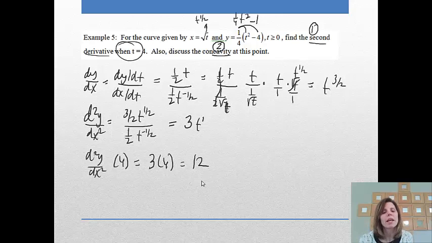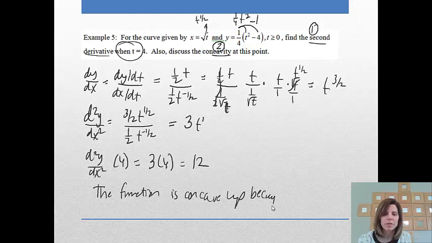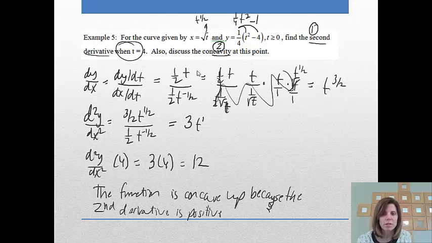Since we got a positive answer, we can say that the function is concave up, because the second derivative is positive. And just a comment up here, instead of going through all this silly stuff right here, I just as easily could have subtracted my exponents right here and gotten t to the 3/2. So just a little FYI on that.